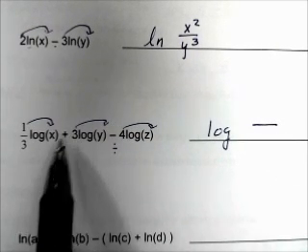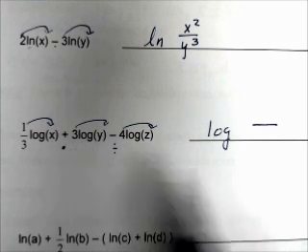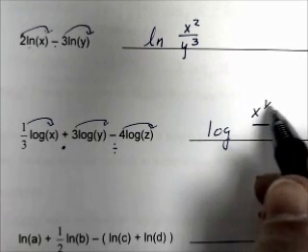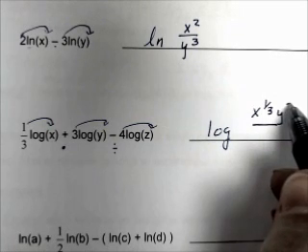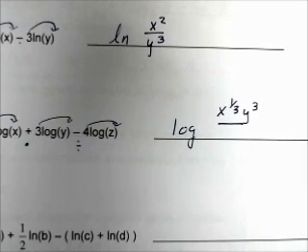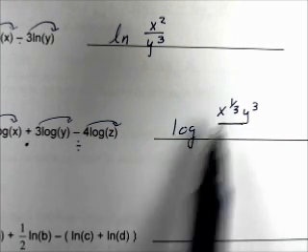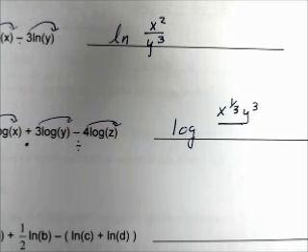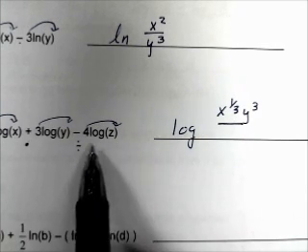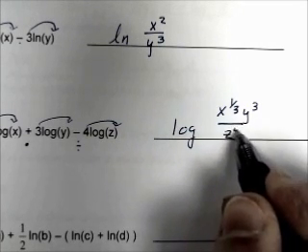And our numerator is x to the 1/3 times y to the third. We're usually not going to see a fractional exponent in condensed form, so I'll address that in the next step. And our denominator here is z to the 4th.